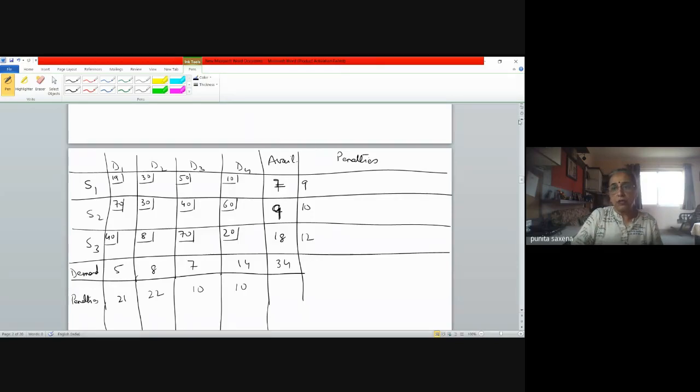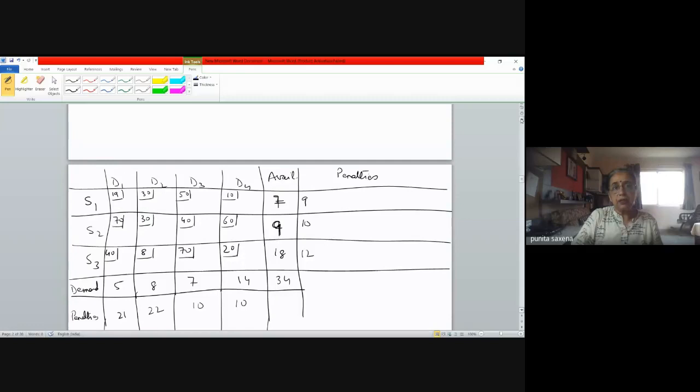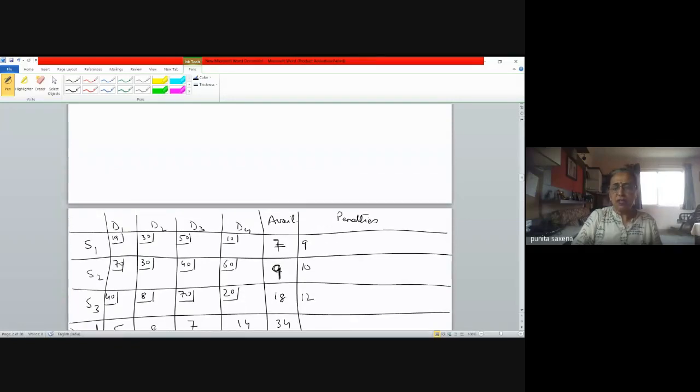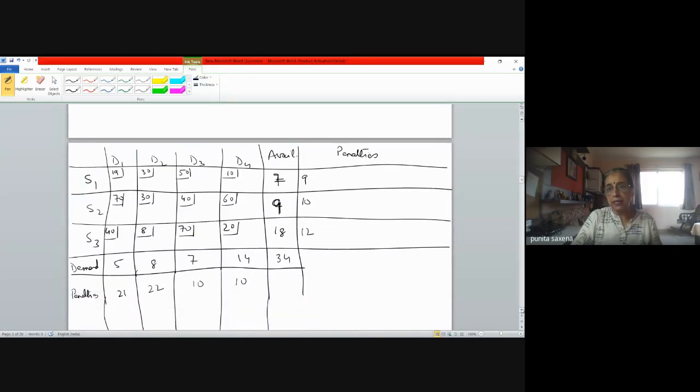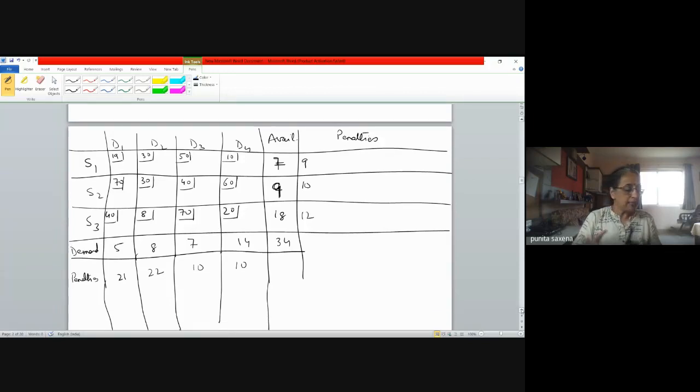So if you want, you can write it. Select the row or column that has the maximum penalty and allocate as much as possible in the cell that has the least cost.